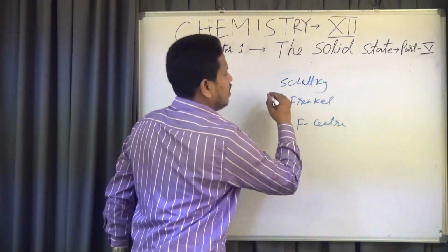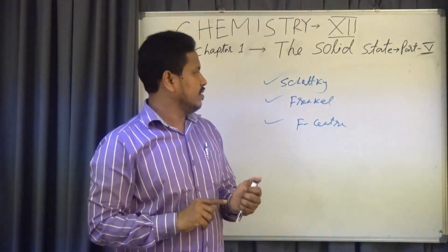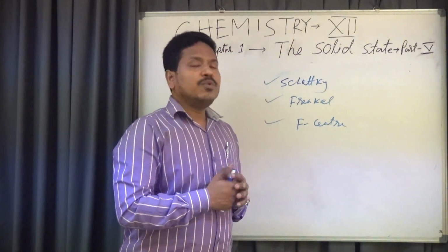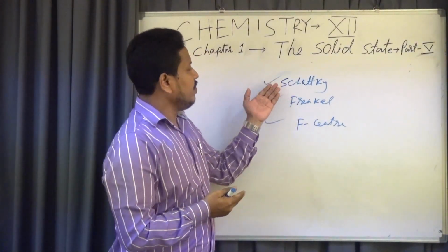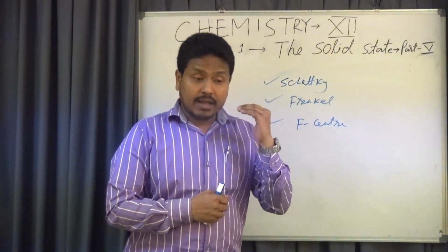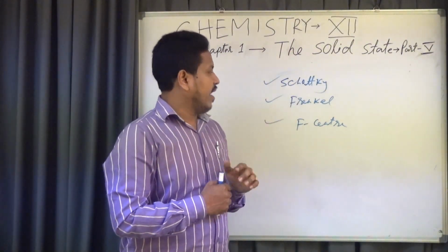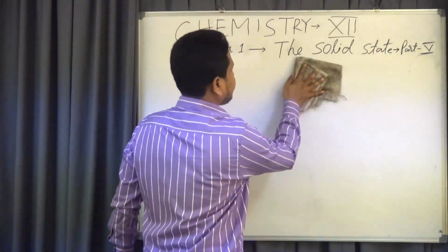Write down very carefully. These three defects are very important for your board examination. In detail, you have to discuss from your reference book or NCERT textbook. Questions may come from Schottky, Frenkel and F centers, and there is various information related to them. Okay, already I have mentioned.